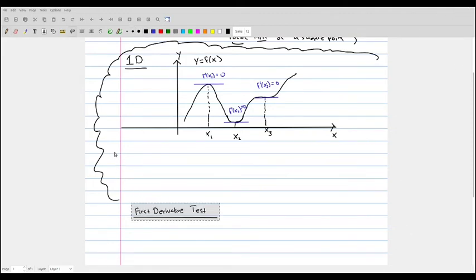So the first thing we should start with is to define exactly what a local min and a local max of a function is. You'll remember this hopefully from your single variable calculus class. I'll just write down the definition so that we can remember exactly what this is.